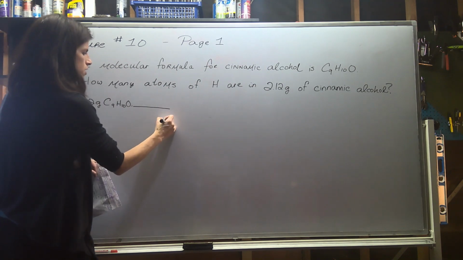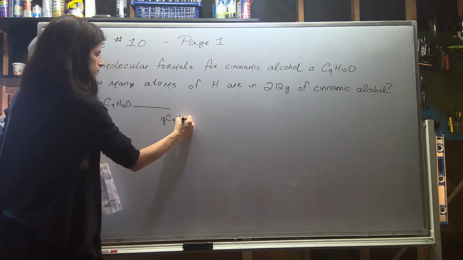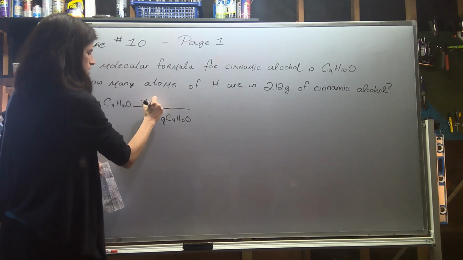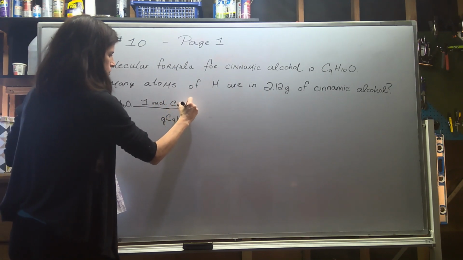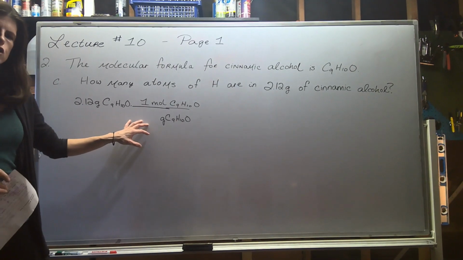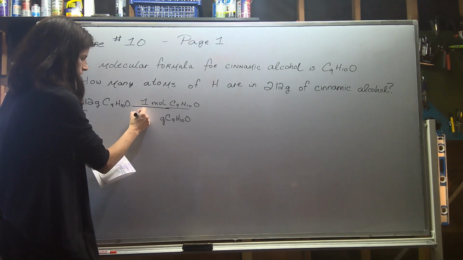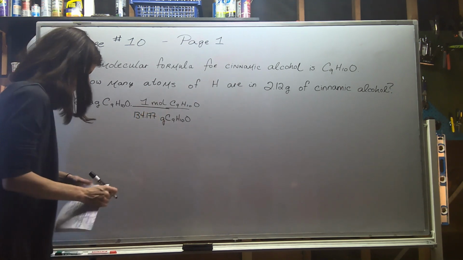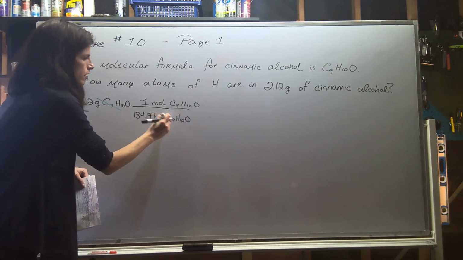I'm looking to get rid of grams, so I'll put that in the denominator. And I'll change that into moles. This relationship is going to be our molar mass. So 134.177. Grams is going to cancel grams.